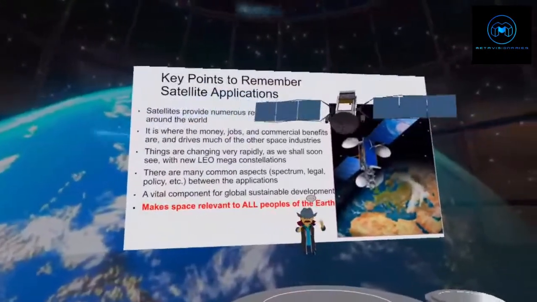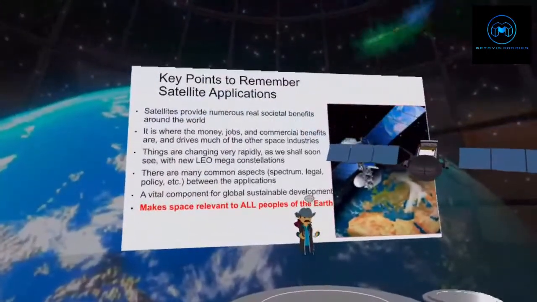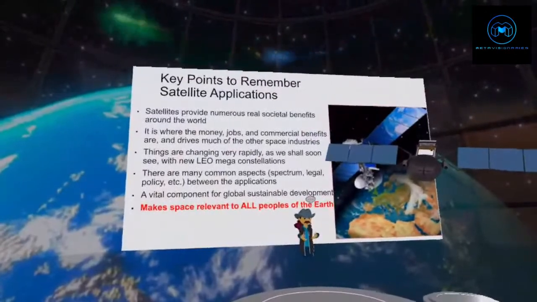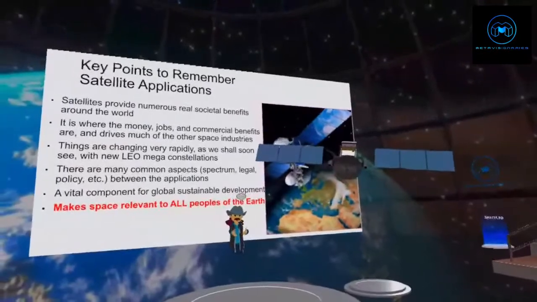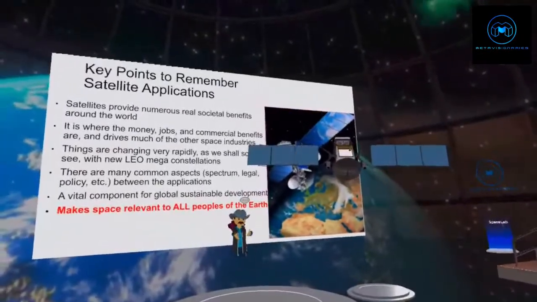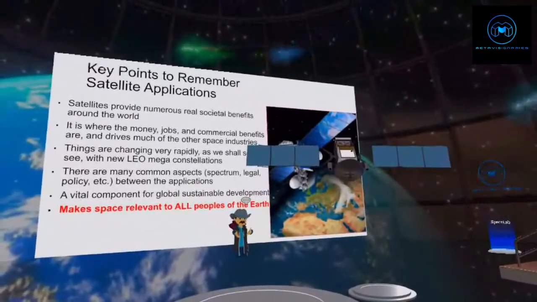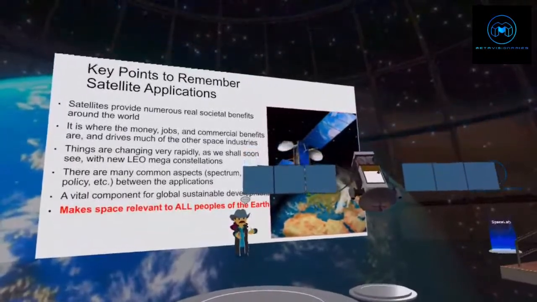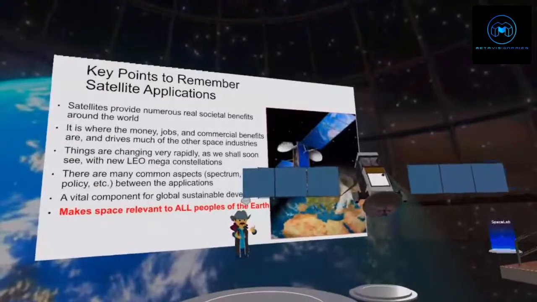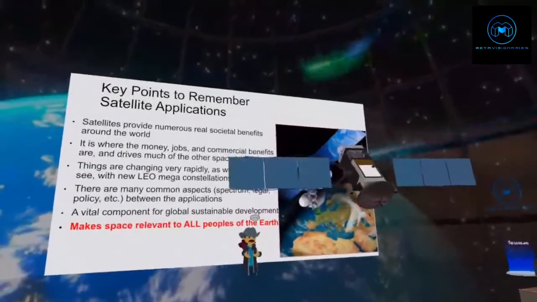It's changing extremely rapidly. Things are changing very quickly right now with all of these new LEO constellations. There are many policy and law, engineering, science, fundamental basic science questions, spectrum allocation of these.